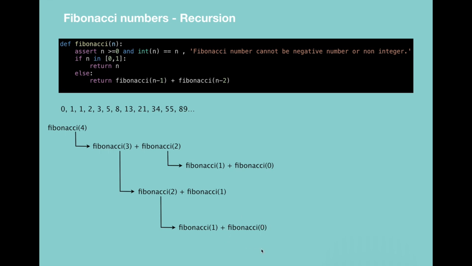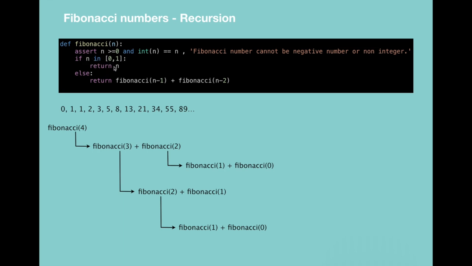From here, if our function is called with the parameter of 0, the controller will go to the first line, and we see that n is equal to 0. So 0 is an integer number, and it continues to the second condition. In the second condition, we see that n is 0 or 1. So 0 equals 0.